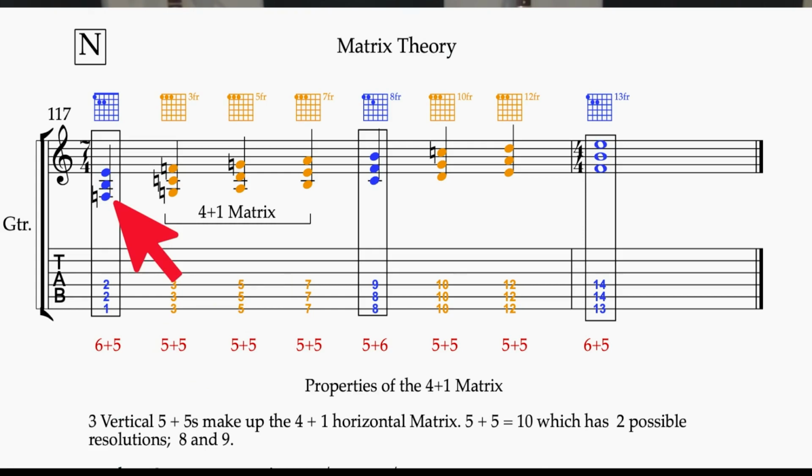And from F up to the B, which is this, that is 6 intervals. And from the B up to the E is 5 intervals. So this structure, we call it a 6 plus 5. And it sounds like this, or up here.